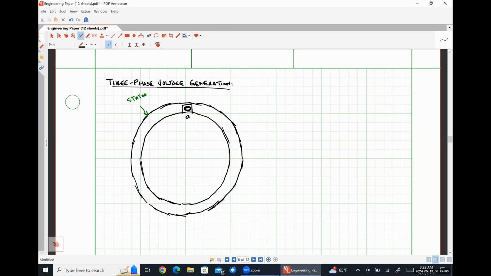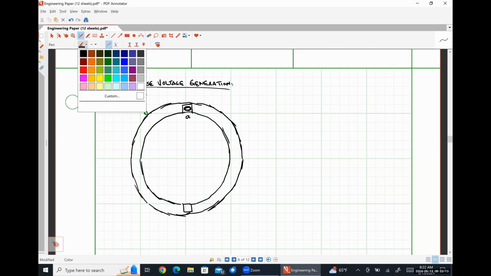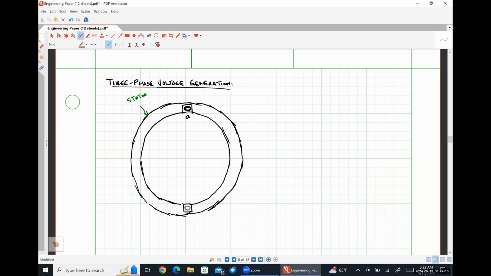And then exactly 180 degrees mechanically or physically away along this circle is the return path. I'm going to do that one in gray. And I'm going to call this A prime. So effectively, if we were passing a current into the board in A, we're going to see a current coming out of the board in A prime. So we have a send path and a return path for this coil. Okay.